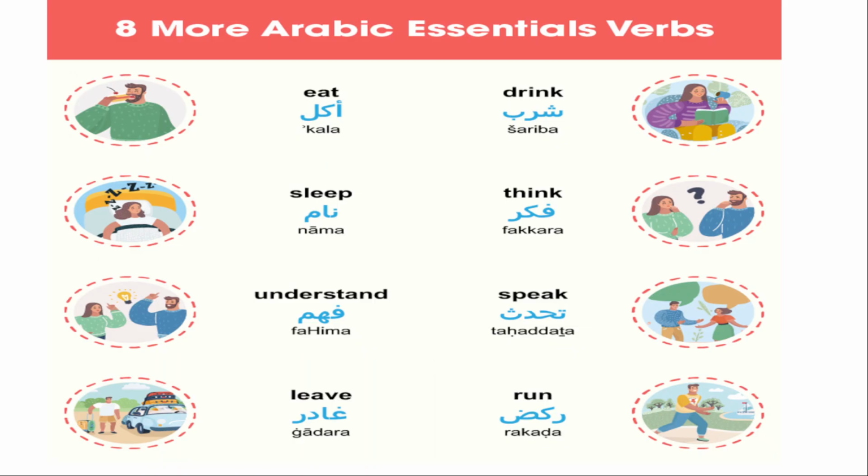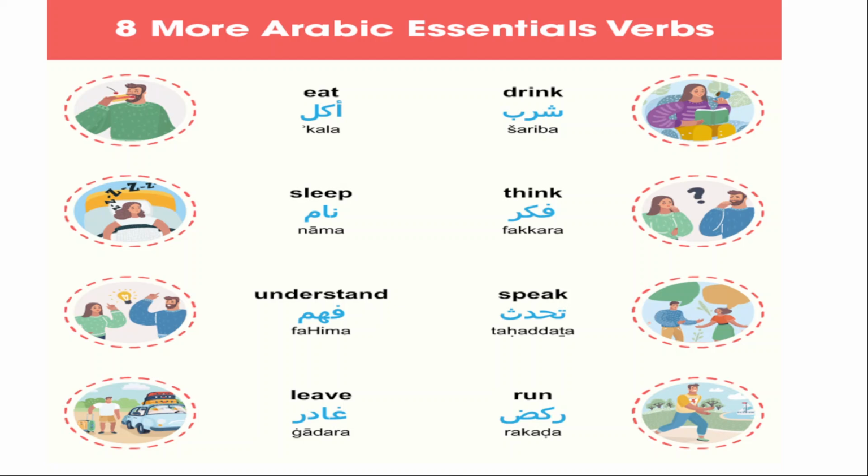Right. Next is the Arabic verbs. Some of the examples of Arabic verbs include, from the right hand side, sharaba means to drink, faqara to think, tahdasa to speak, raqasa to run, ghadara to leave, faham to understand, nam sleep, aqal to eat.